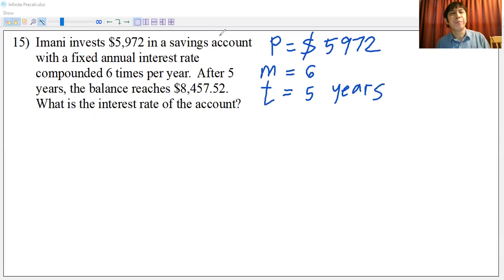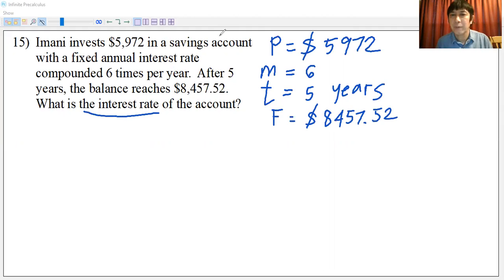The balance reaches $8,457.52, that should be our F. What is the interest rate? So we're looking for R here.